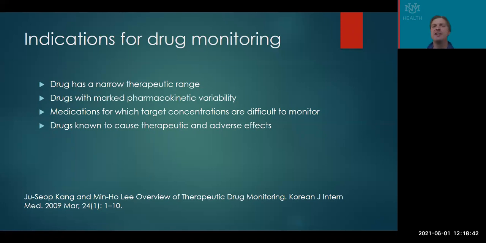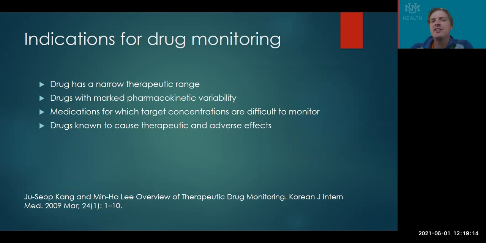Also, medications for which the target concentration is difficult to monitor. So again, this falls into some of the therapeutics or chemotherapeutics, like methotrexate, for example, where we don't want to cause multi-system organ failure, but we can't readily tell where the patient is necessarily dosed with it.